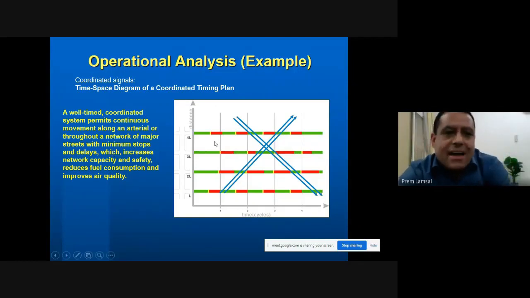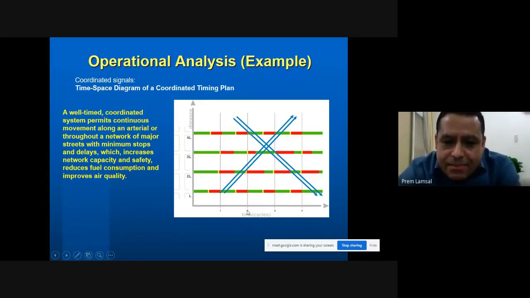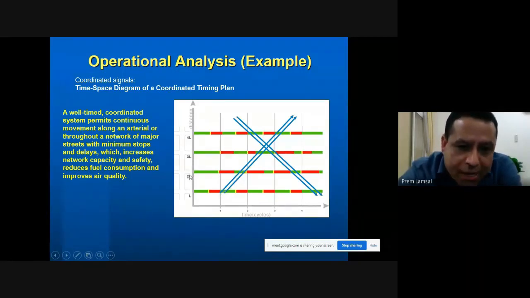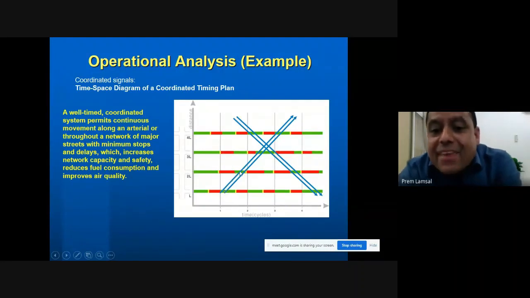If you see this in the time space diagram, on the x-axis there is the time cycle and on the y-axis there is distance. For example, the traffic signal at L distance here is turning green, and when the vehicle is traveling and reaching another intersection at 2L, it will again be green at that time.